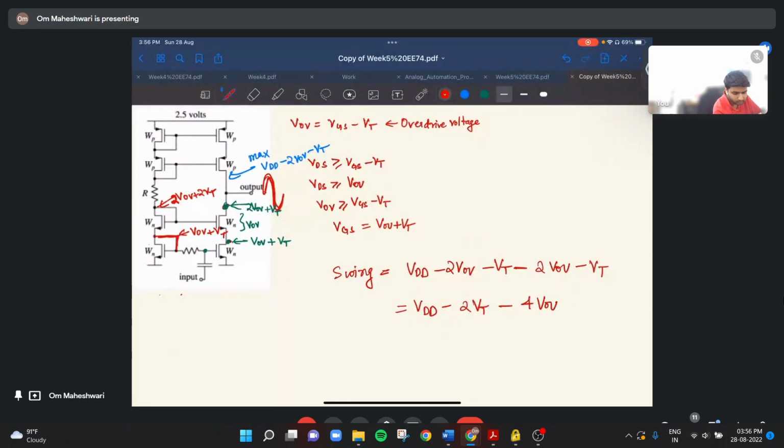We know VDD is 2.5, VT is 0.3, so 2 VT is 0.6. Now VOV we will have to find.